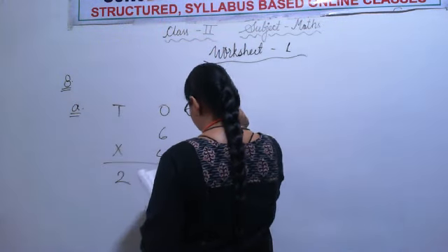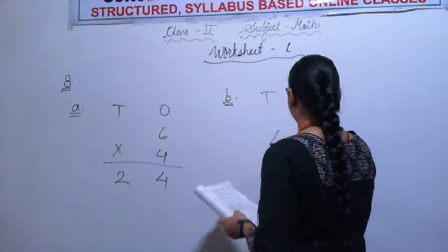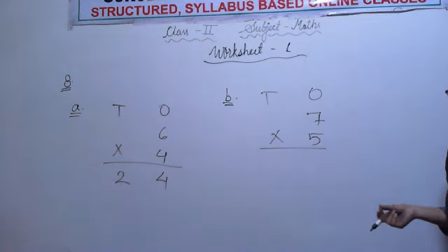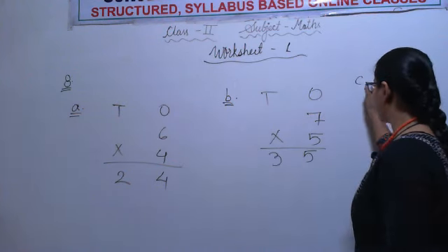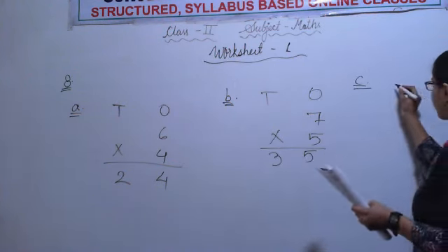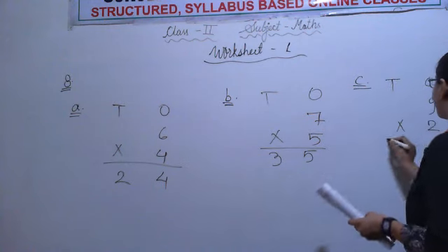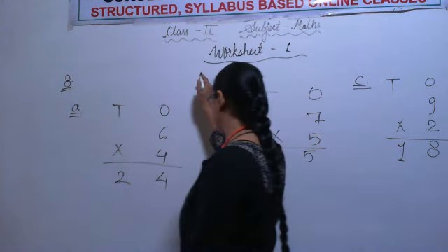Now the question B is 7 into 5. So 5 7s are 35. So we will write 35. Now the next question is C. 9 into 2. So 9 2s are 18, or 2 9s are 18. So we will write 18.